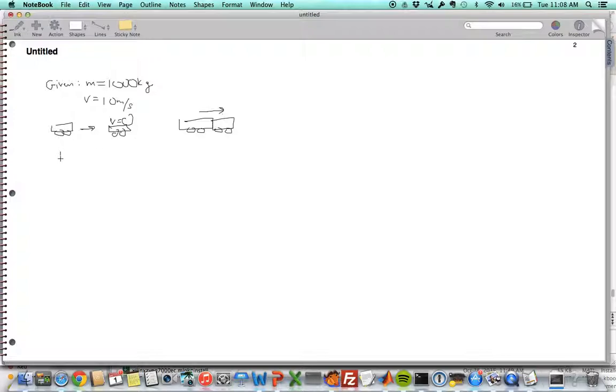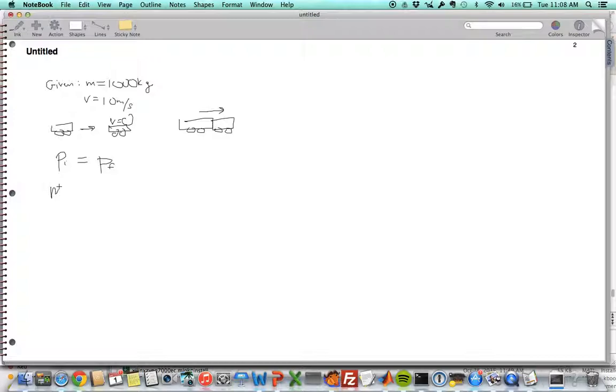So we'll do P initial, the momentum initial. Okay, so initial momentum equals final momentum.